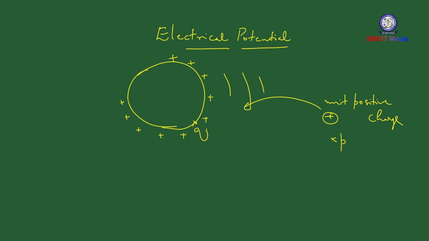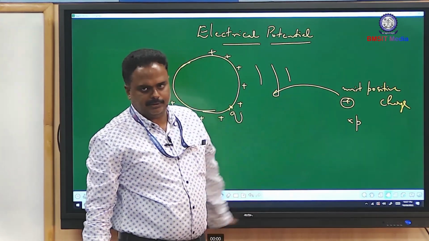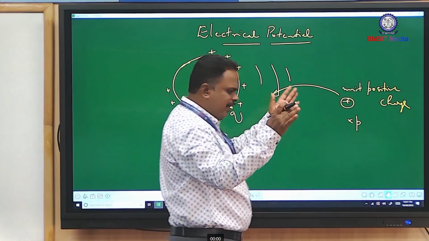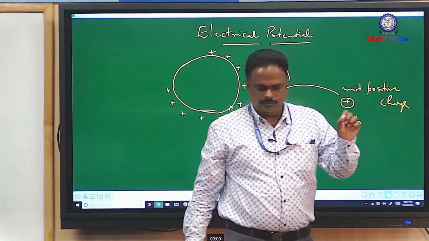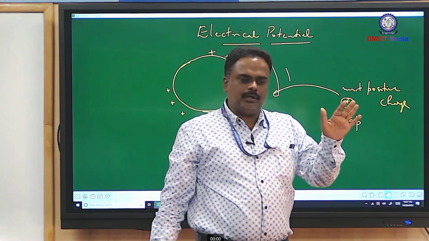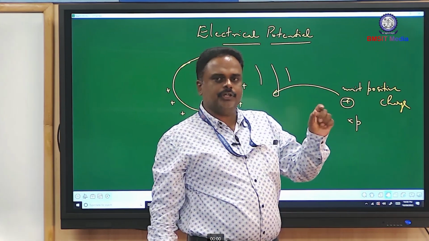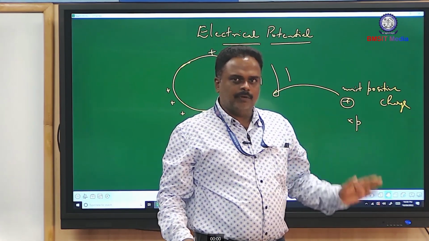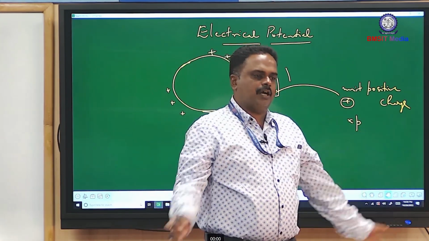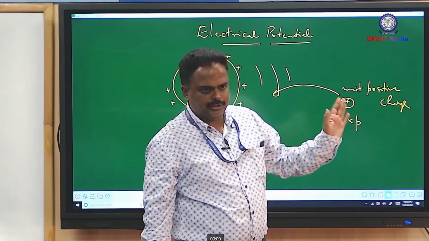This electric potential always refers to a charged point in a conductor. Whenever a body or conductor is charged, if you take any point on that charged body or conductor, we can define electric potential at that point. If a body or material is not charged, we cannot define electric potential at that point.